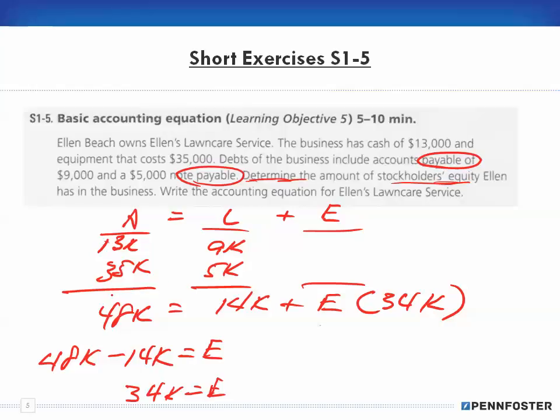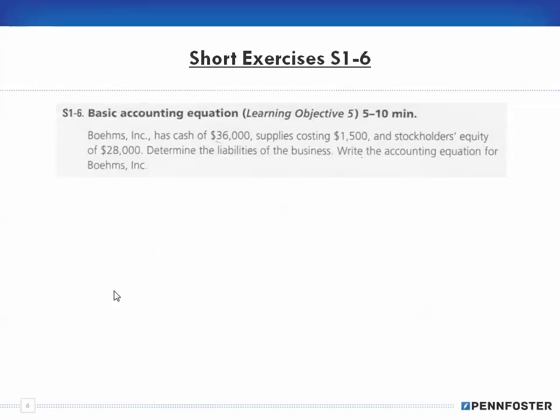All right, I'm at 11 minutes. Let me see what the next question says. Pretty much basically the same thing, so let me cover that one real quick too. Bohms has cash of 36,000. Remember, cash is an asset.